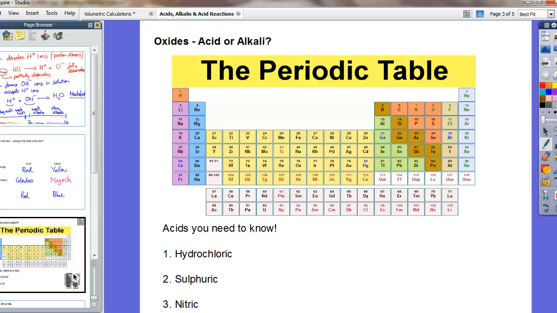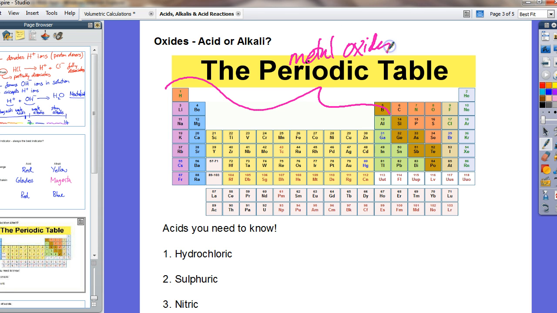If it's an oxide of a metal, in other words things on the left hand side of the periodic table, metal oxides are basic, or they form alkalis.